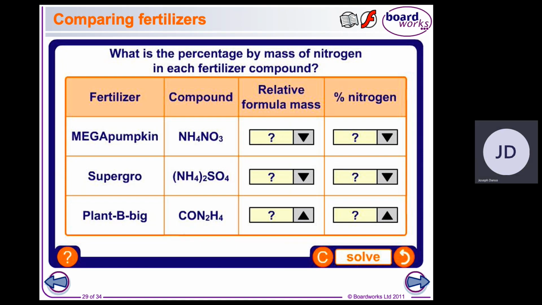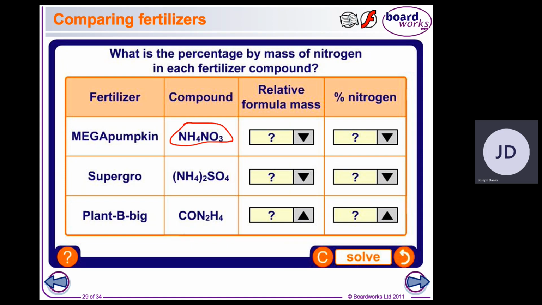The first fertilizer is Mega Pumpkin, and the formula for this is NH4NO3. The Super Grow is (NH4)2SO4, and the Plant B Big is CON2H4. Now pause the video and calculate the percentage by mass of nitrogen in each of these fertilizers.